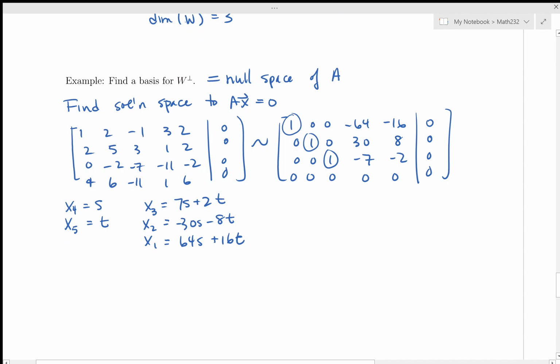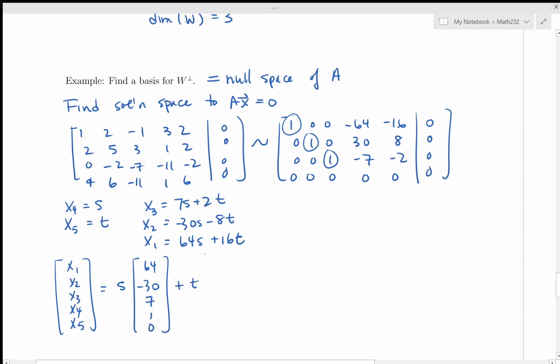Let me write that this way: x1, x2, x3, x4, x5 is going to be s times (64, minus 30, 7, 1, 0) plus t times (16, minus 8, 2, 0, 1).